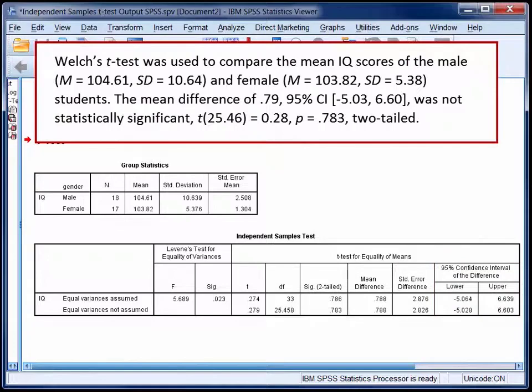Also note that if your research hypothesis was directional, you can divide the p-value in half and report the test as one-tailed. Don't forget that when writing up a piece of research like this, you may also be required to report the results of your assumption testing and an effect size.